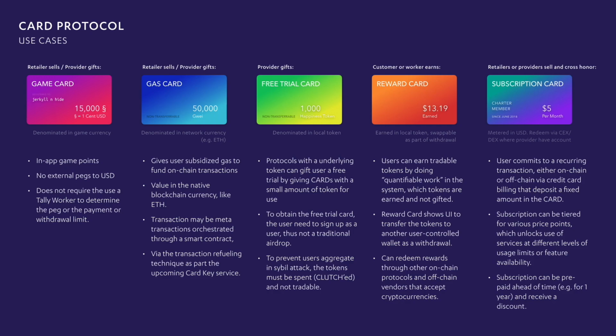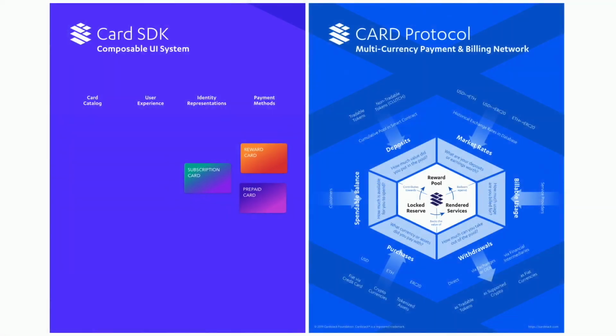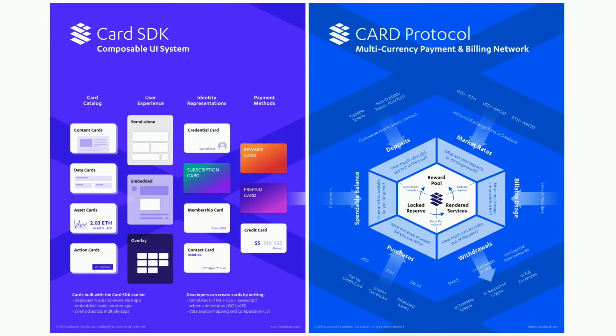Very easy to do. And the Card SDK, which is our front-end technology and the way we create the schema, model and templates for these things, we've always accounted for identity, payment and membership cards to be an integral part of how we unlock the value of this software and service network. Because you can make content cards that reflect blogs and podcasts, and data cards that have invoices, and asset cards. If people are just using your app for free, you have to find out how to bill them for it.